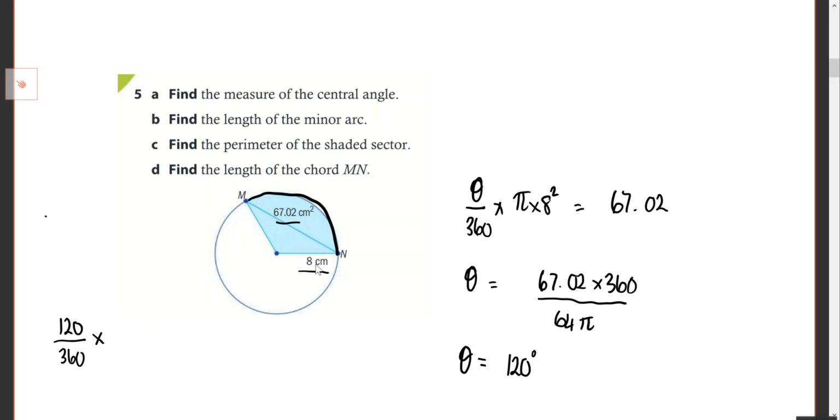So I used pi d, so d is 16, 16 pi, and that works out at 16.755, which I rounded to 16.8 centimeters. All good?